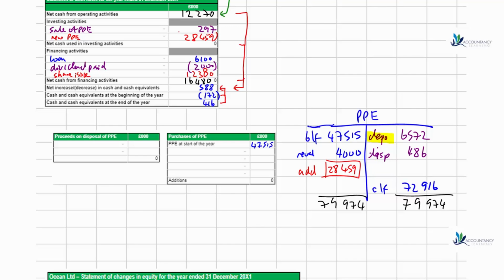And remember, this is a negative number because we're spending cash to buy those assets. So that gives us a new total of 28,162 for investing activities. So what we can do now is just check that everything works. If we take our three subtotals and add them together, yes, it gives us the 588 increase in cash and cash equivalents for the year.